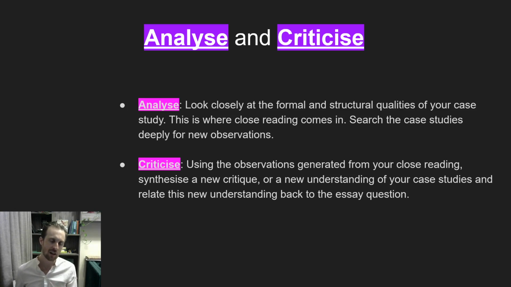If you just analyze something, if you just describe something, it doesn't really get anywhere and it can't really answer a question. You need to critique it as well. You need to take these observations and repurpose them back to a response that satisfies the essay question.